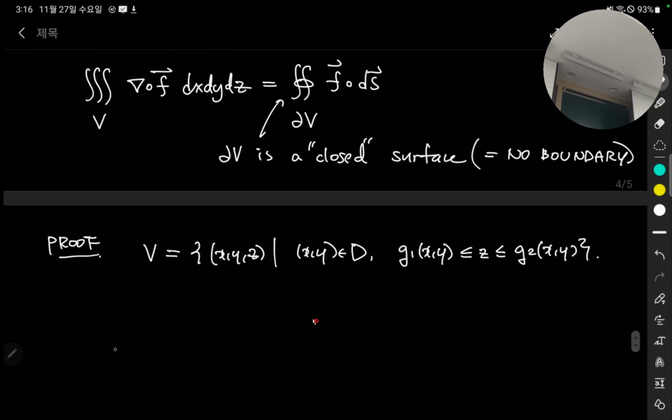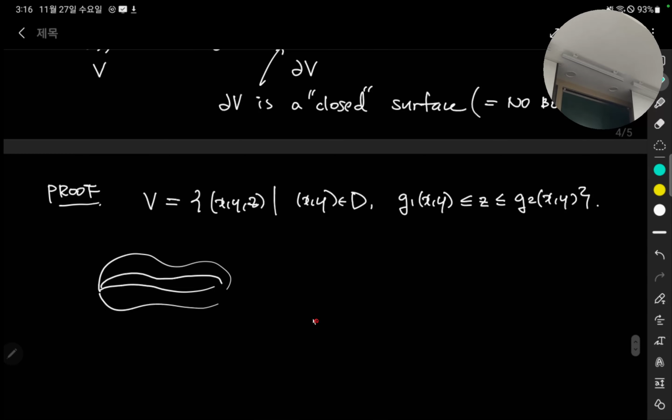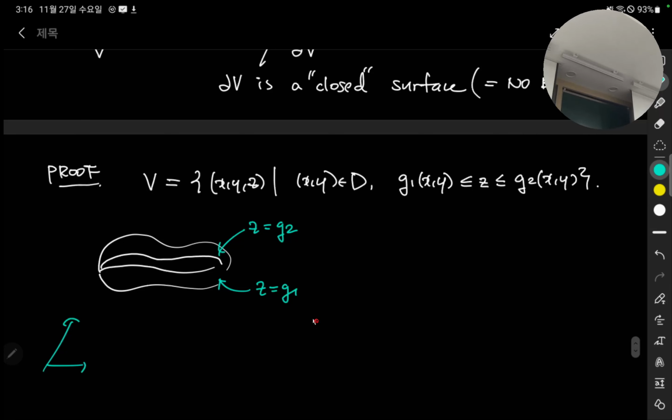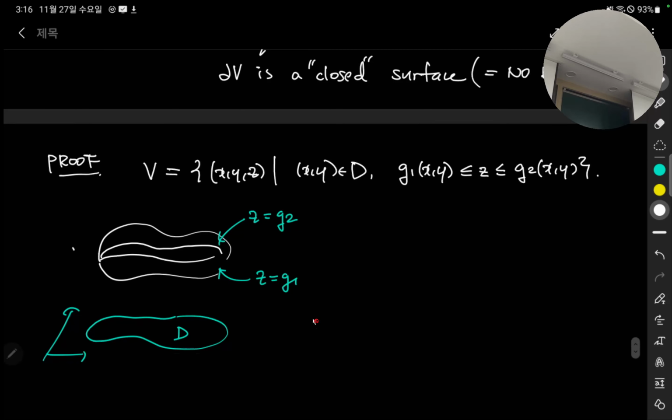So in some sense, it looks like this. The upper part is the graph of G2 and the lower part is the graph of G1. When you project it down onto the xy-plane, it has the same region D as a shadow image of this. So this is my volume V, and this is my xyz coordinate.